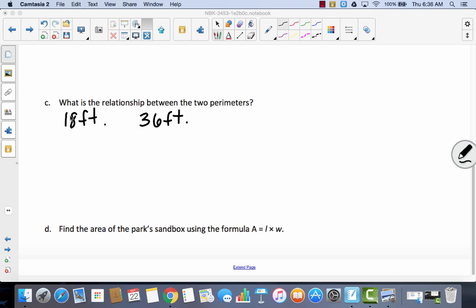Okay, well, what kind of ideas did you come up with about the relationship between these two numbers? Obviously, this is bigger than 18, yes, but it's more than that.